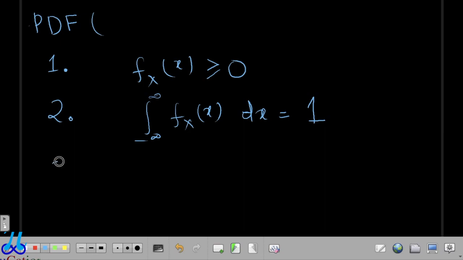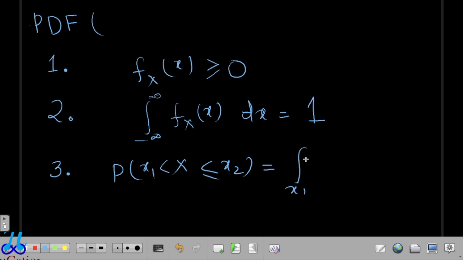And the third property is that the probability that the random variable x is between the limits x1 to x2 is equal to the integral from x1 to x2 of small f of x dx. Is that clear? So these are the three properties for the PDF, and this question has been asked quite frequently, so you must prepare for this.